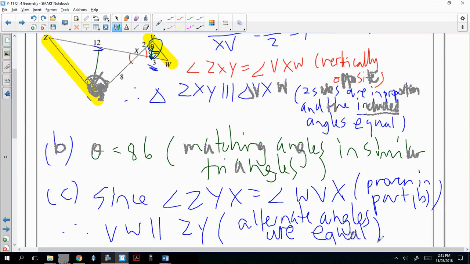Okay, good. And there's another one for you to try to prove they're similar before you find the missing sides. Have a try. And then there's one more.